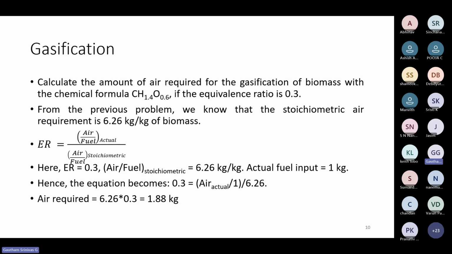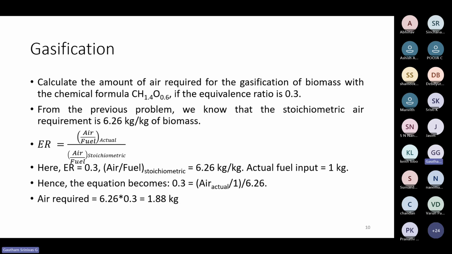So if you have biomass and you want to carry out gasification, you don't want to completely combust the biomass. So you say you want to maintain an equivalence ratio of 0.3. You know that for completely combusting 1 kg of biomass, you need 6.26 kgs of air.